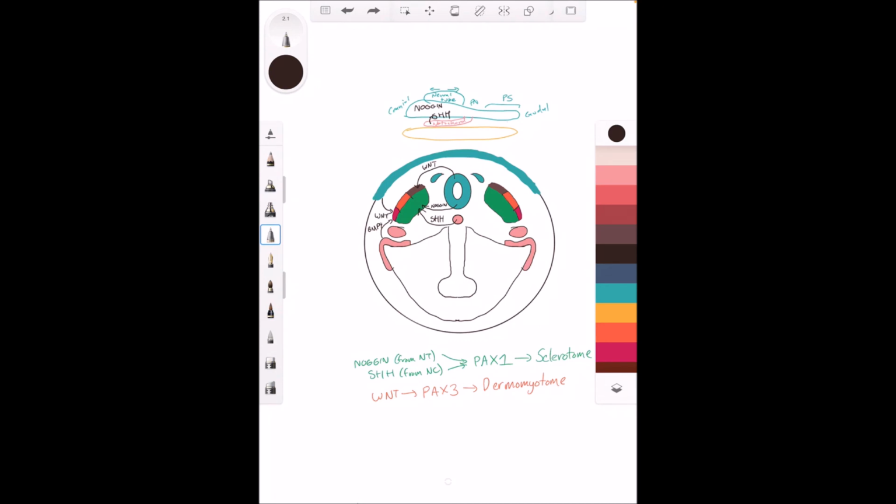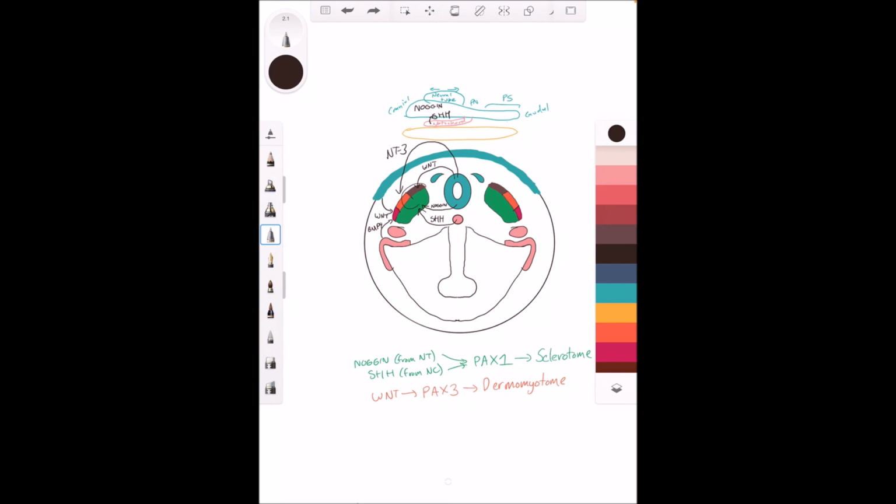And then there's another protein that I forgot to draw, but the dorsal neural tube can secrete this protein called NT3, and NT3 acts on the orange part. It doesn't really have as much of an effect on the brown area.